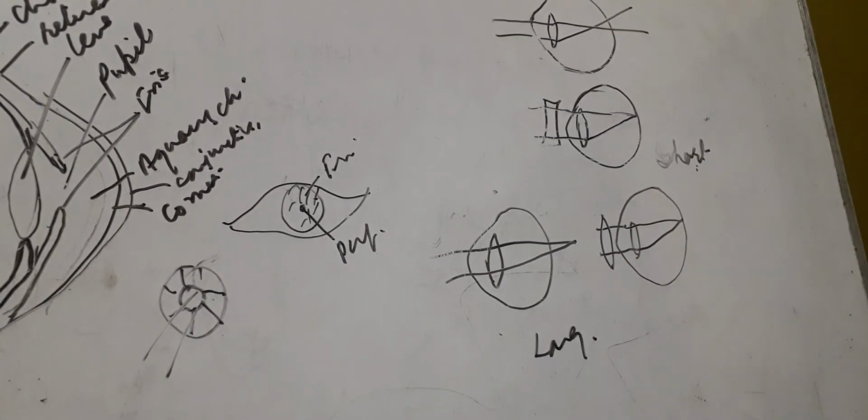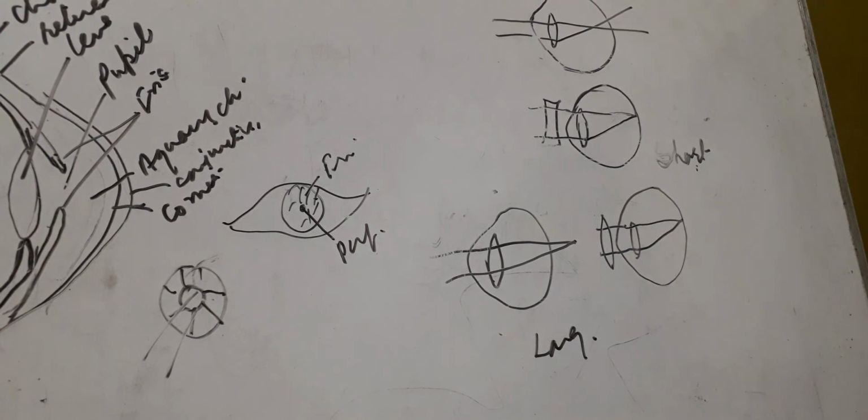Short sightedness is also known as myopia. In this, near and close objects can be seen clearly and distant objects cannot be seen clearly.